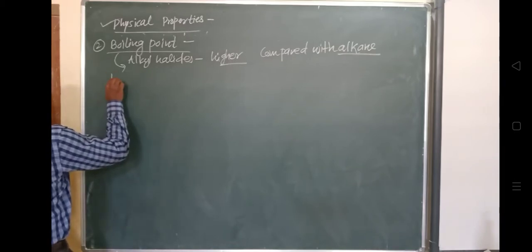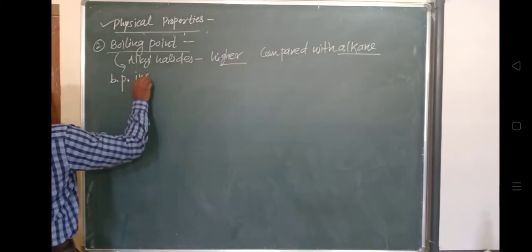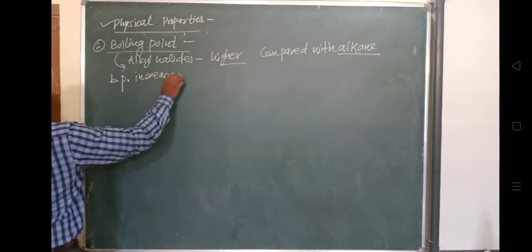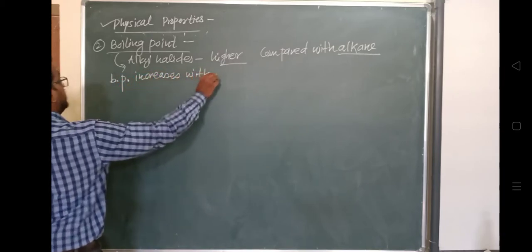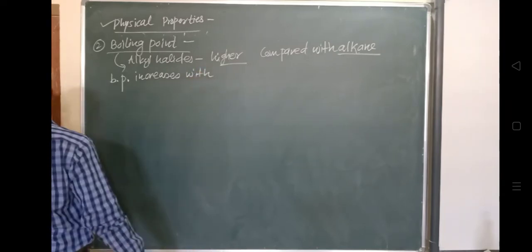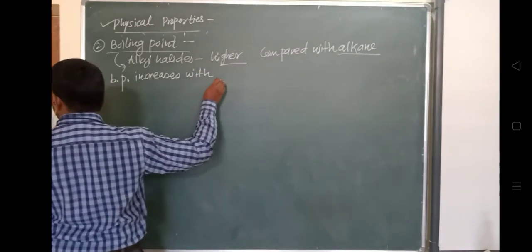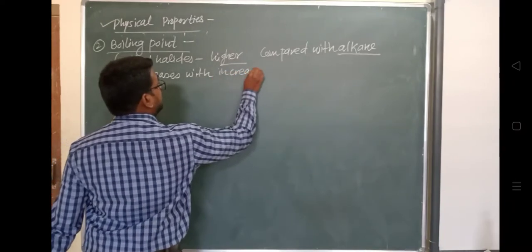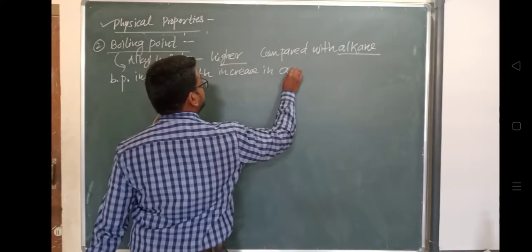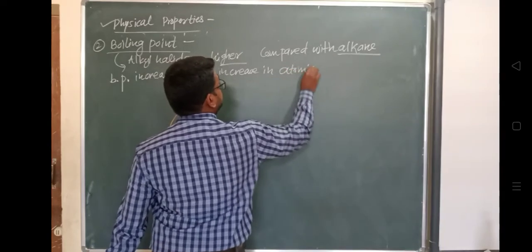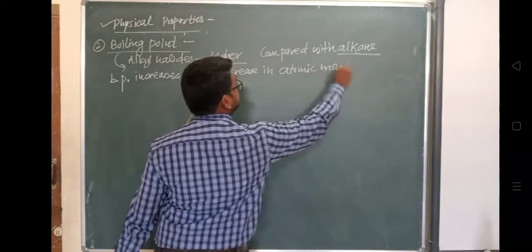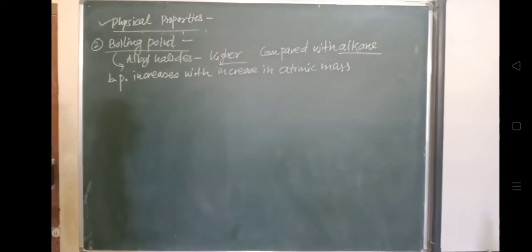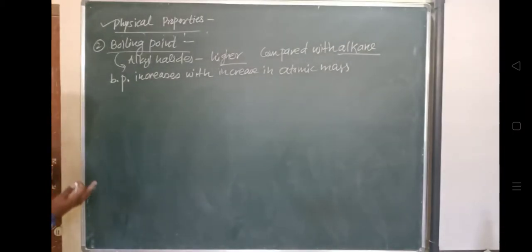So what is happening? Boiling point increases with increase in atomic mass. So atomic mass जैसे increase हो रहा है in alkyl halides में. So now fluorine, chlorine, bromine, iodine, अभी atomic mass iodine का ज्यादा रहेगा definitely.